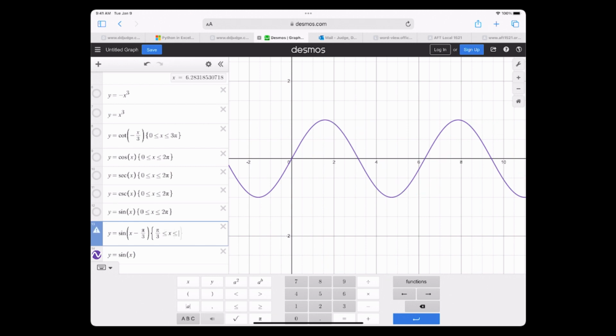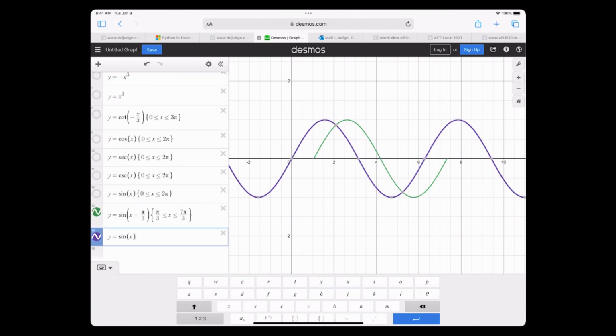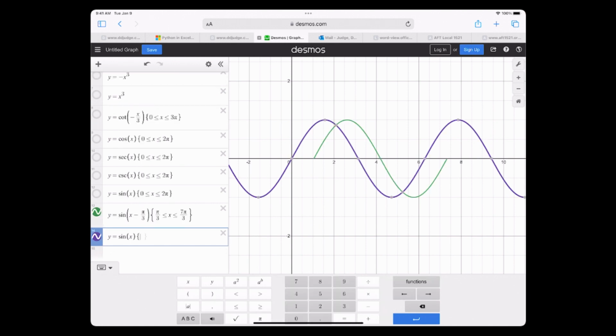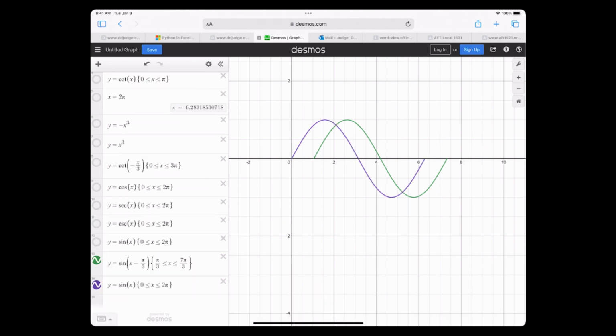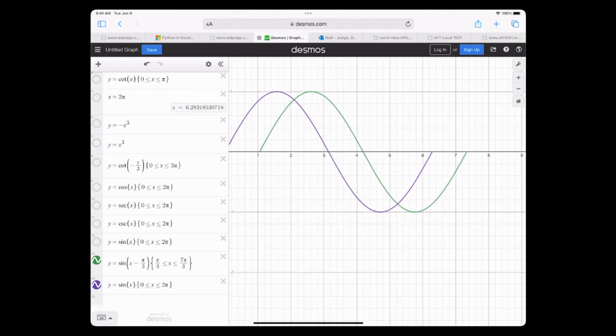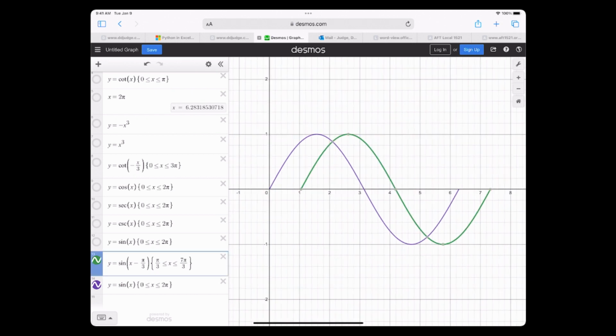And I think it was 7 pi over 3. We can see the specifics now. That green is the phase shift.